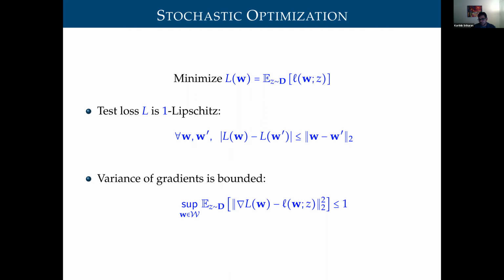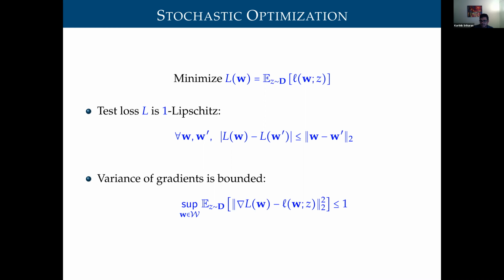Okay, and I'm going to also assume that the variance of the gradients is bounded, meaning that for the worst W in my class of models, I look at the expected distance squared between the gradient at W of the test loss versus the, actually, sorry, there should be a gradient before the small l, that is the small loss.